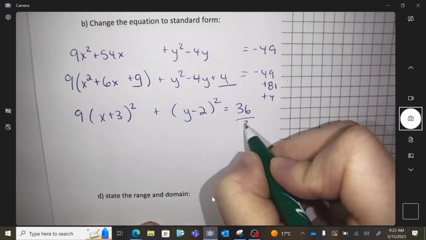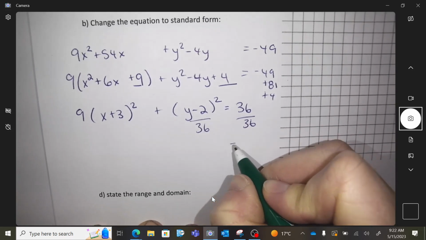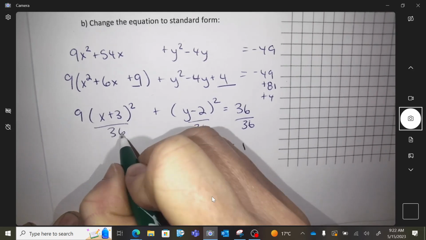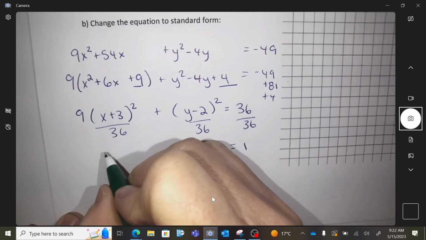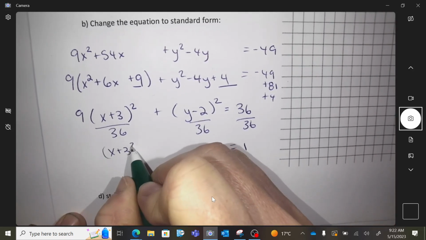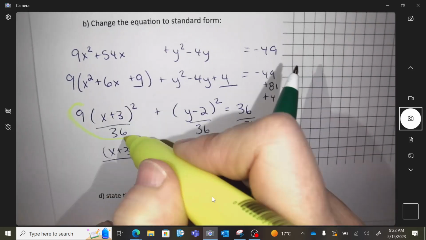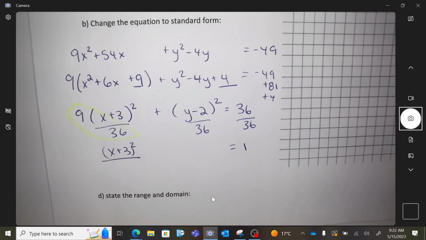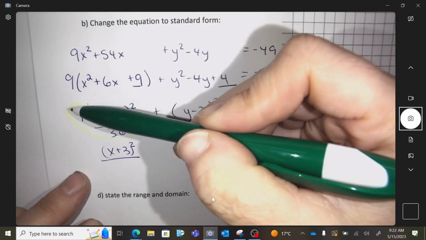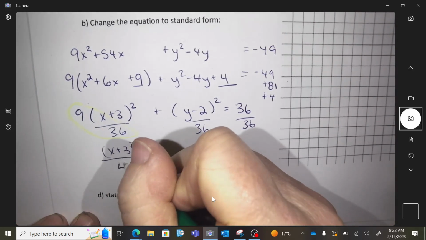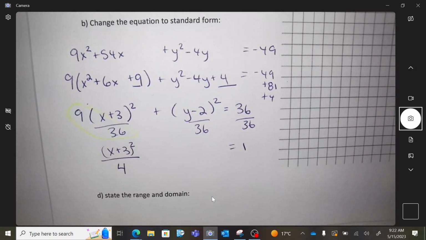I'm going to have to divide by 36 because the goal is to get it equals 1 on that equation with an ellipse. Okay, now on this first one, if you divide by 36, there was already a 9 there. So just thinking about reducing, the 9 divided by 36 would cause a 1/4.